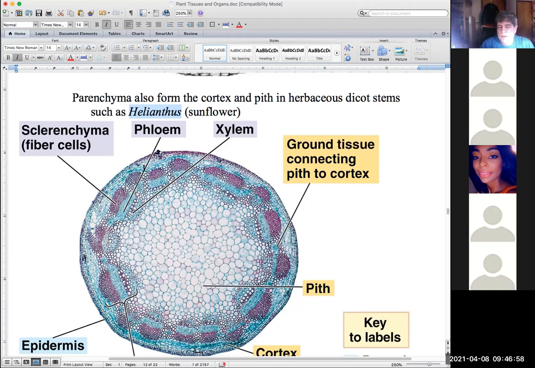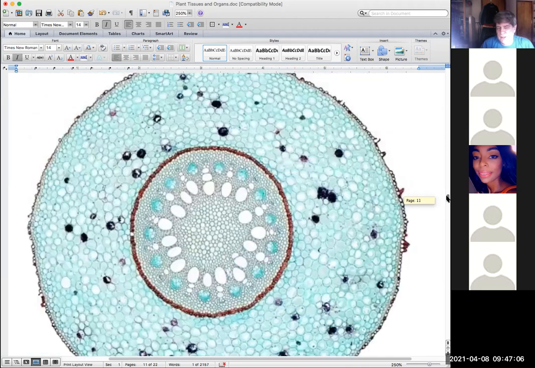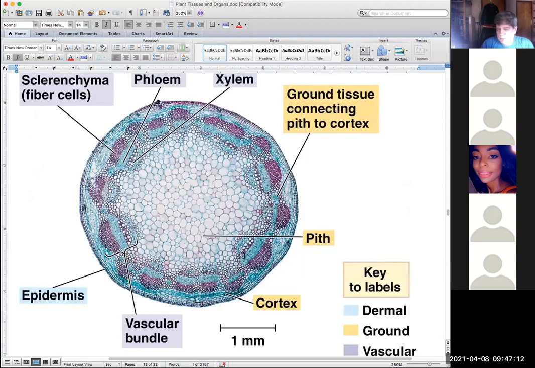So our vascular bundles are arranged in a circle here. But notice this circle of vascular tissue is very different than this circle that we just saw in the monocot root. So you wouldn't look at these and get them confused. If we look at these, the purplish cells towards the middle of each clump, this is the xylem cells.